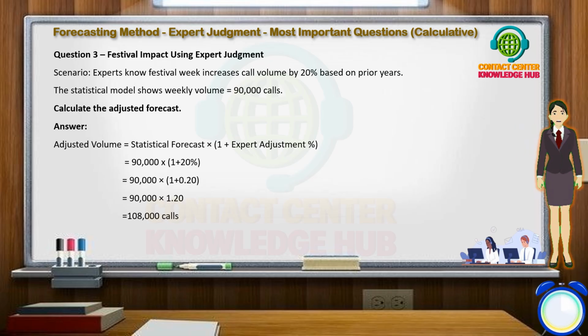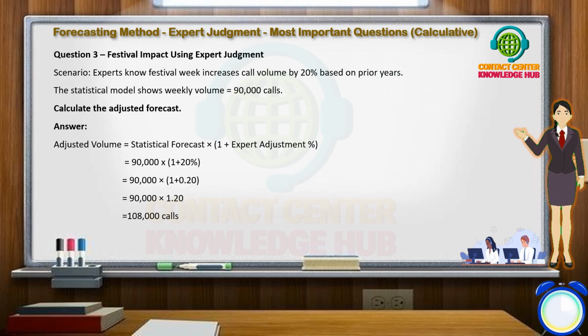And the answer is here. In this scenario, experts know that festival weeks consistently increase call volume by 20%, based on prior years' data. The statistical forecasting model predicts a weekly call volume of 90,000 calls. To incorporate this, we use the adjustment formula. Adjusted volume equals statistical forecast multiplied by 1 plus the expert adjustment percentage.